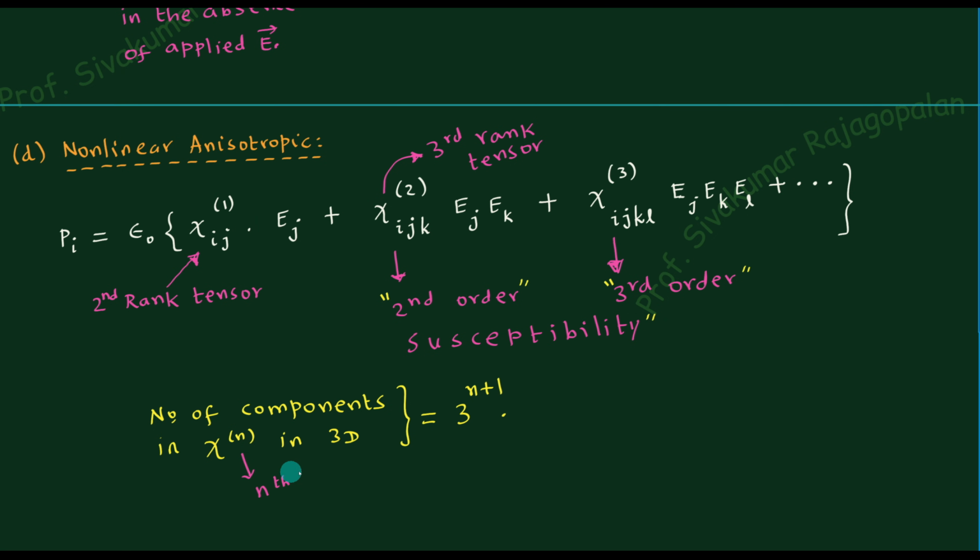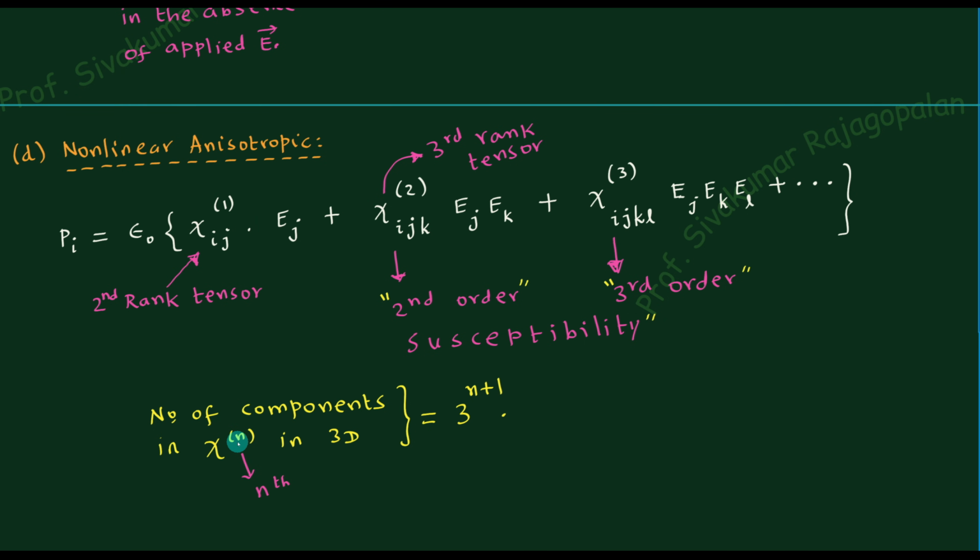So there should be a connection between the rank of the tensor and dimensionality. Dimensionality means three-dimensional Euclidean space. As I already explained, how many components, component means elements, will be there in the matrix? I said that it's a matrix. How many elements will be there if you are going to consider an nth order susceptibility?